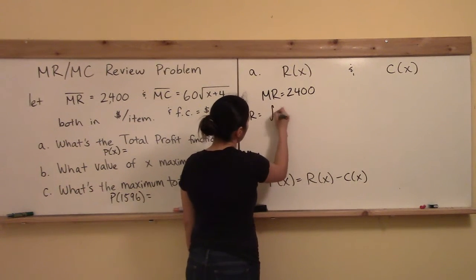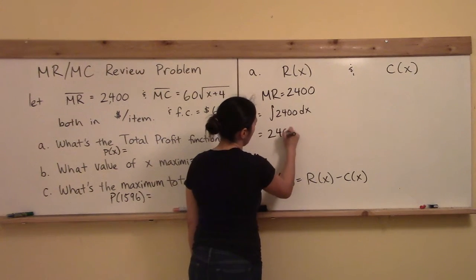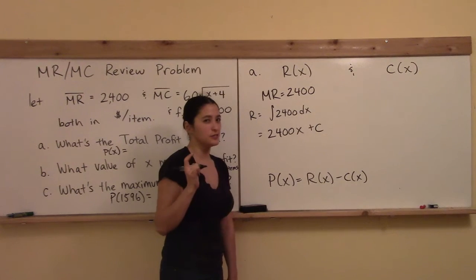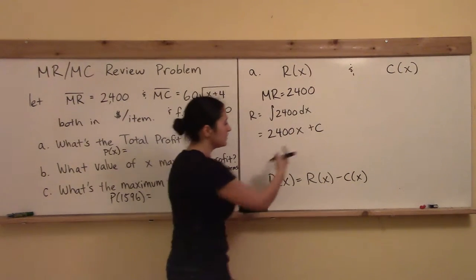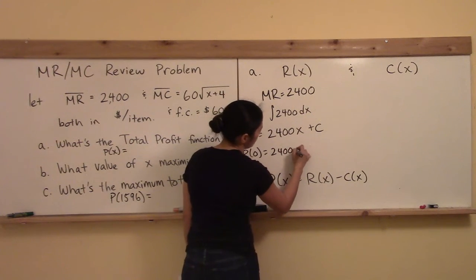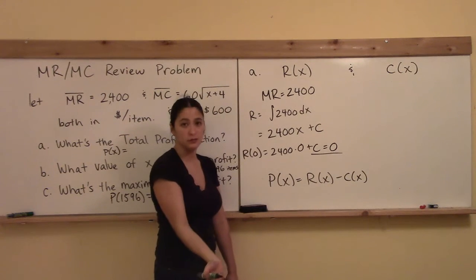So total revenue is the integral of just that constant dx, and that turns straight away into 2400x plus c, and c is not always 0, but in this case, because R of 0 turns out to be 2400 times 0 plus c, in this case, c turns out to be 0.